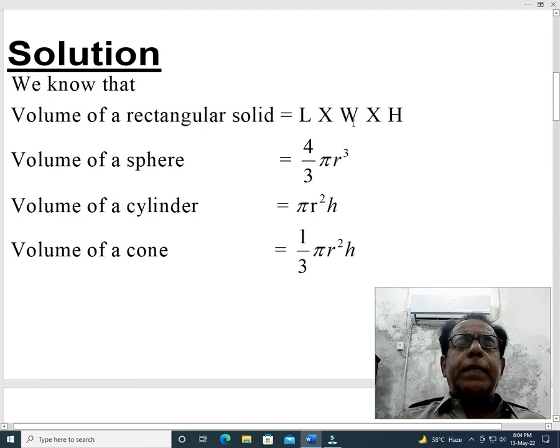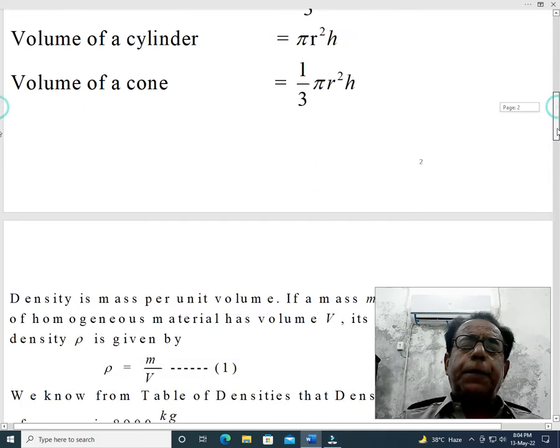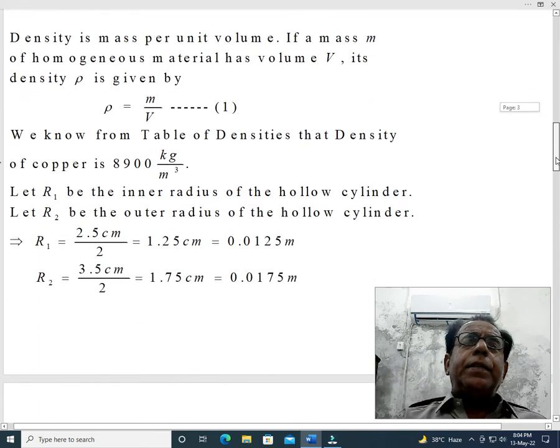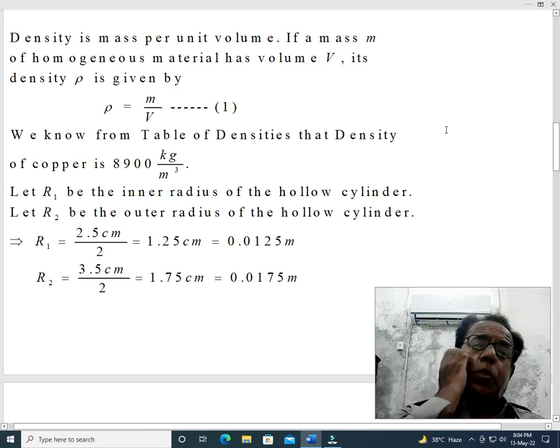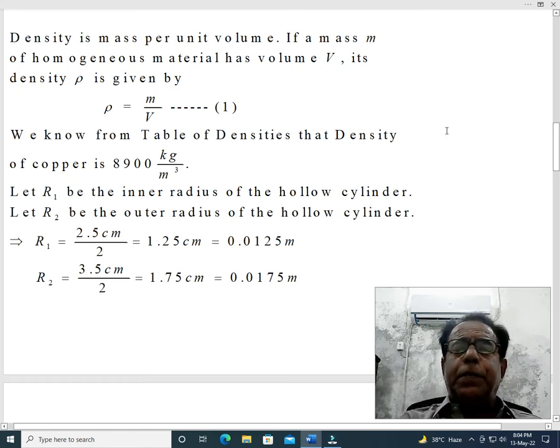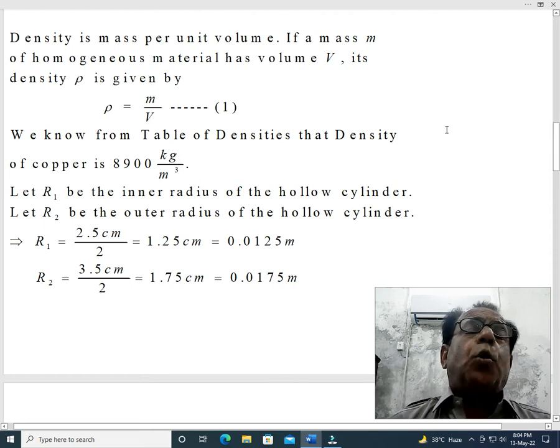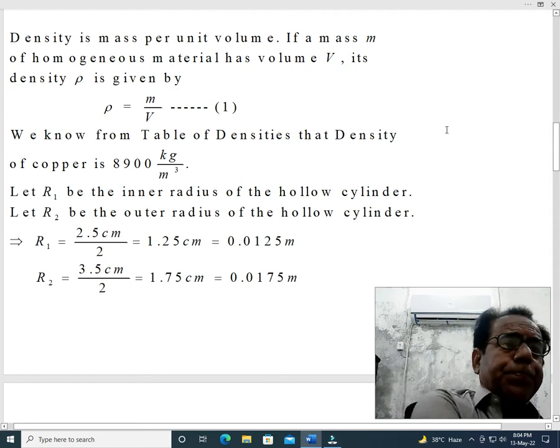Rectangular solid, length into width into height; sphere, 4 by 3 pi r cube; cylinder, pi r square h; and cone, 1 by 3 pi r square h, okay? Here we will use this value, okay? We now start our solution in a formal manner as we have done with previous problems of similar nature, okay?